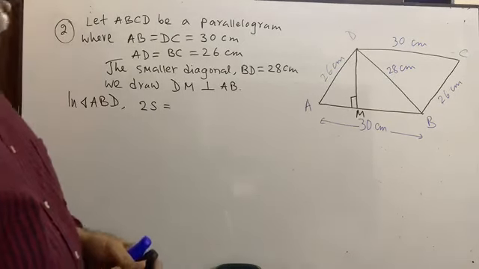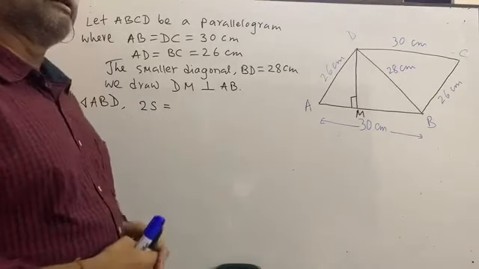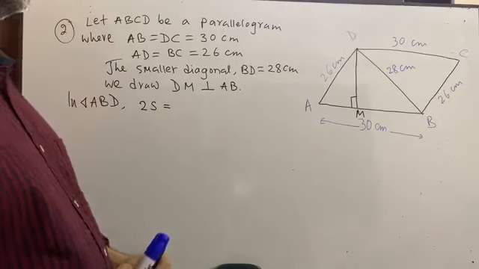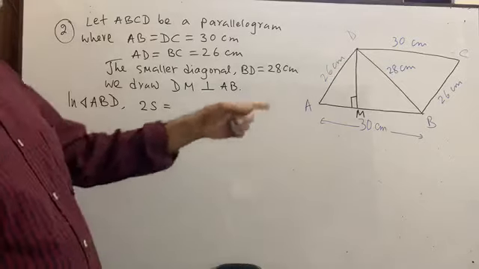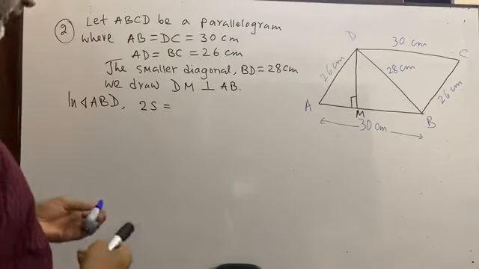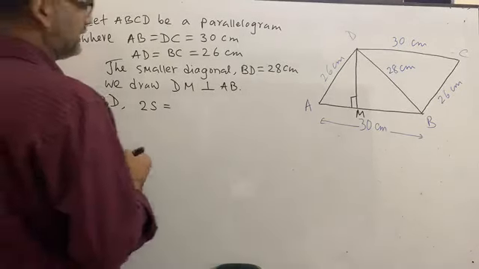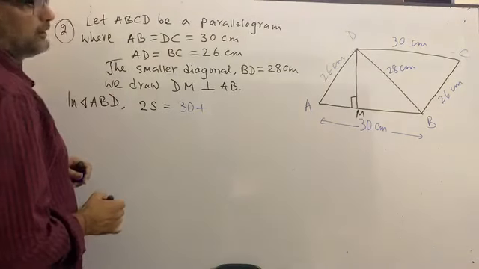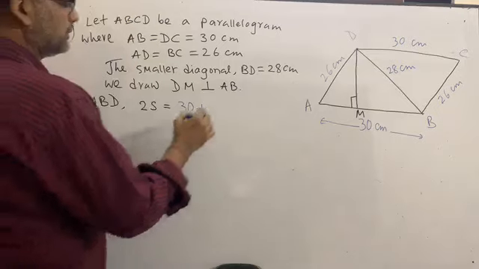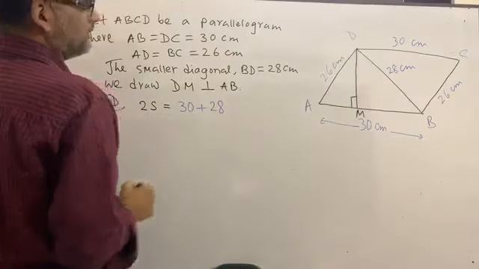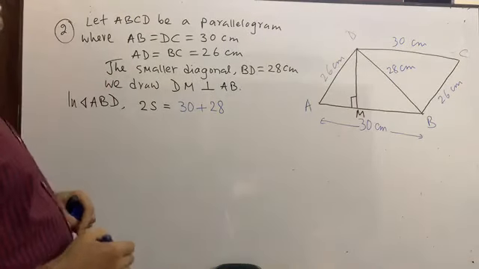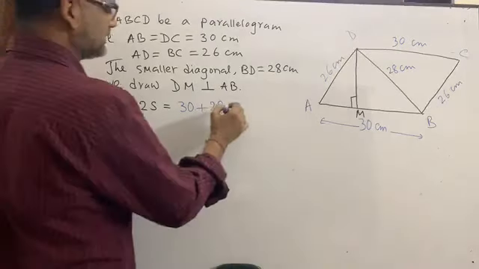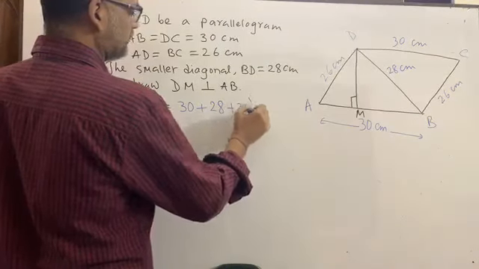I repeat, twices in a triangle means the perimeter of the triangle. ABD. What is the length of AB? AB is 30 centimeter. And what is the length of BD? BD is 28 centimeter. And what is the length of AD? AD is 26 centimeter.